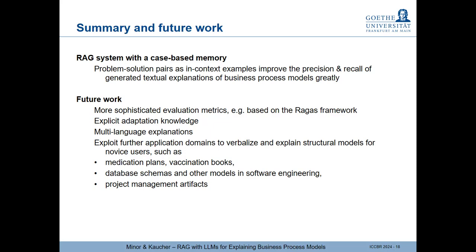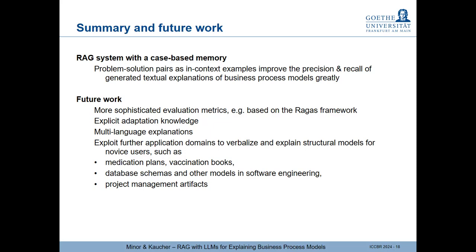In our future work, we would like to consider more sophisticated evaluation metrics, maybe based on benchmarks that are emerging at the moment, such as the Reckers framework, for instance. We would also like to investigate explicit adaptation knowledge instead of prompt chaining only.